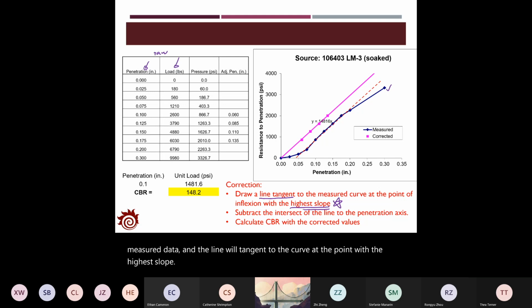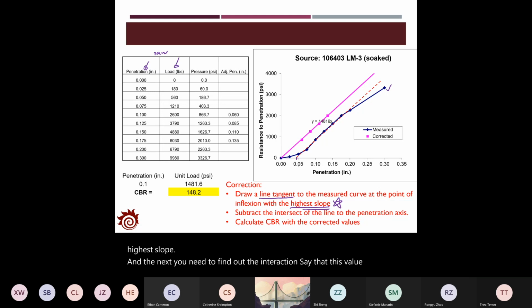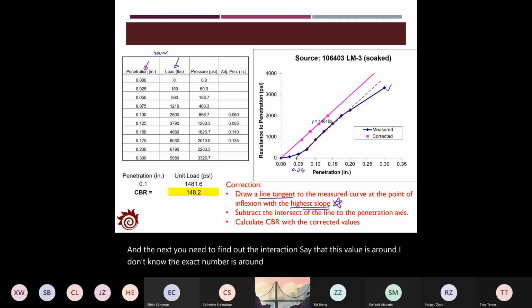And next, you need to find out the intersection. Say that this value is around, I don't know the exact number, around 0.04. So you want to find the intersection between the fitted line and the horizontal axis.